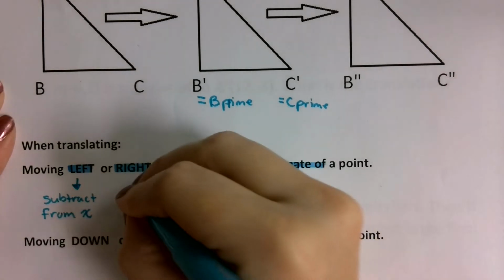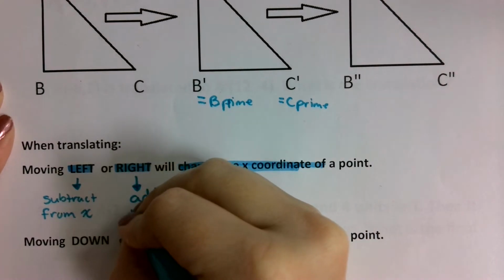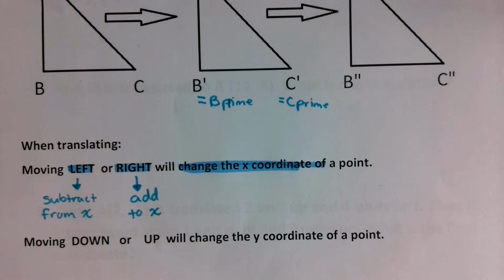And when we move to the right, we add to the x value. So if I say I'm starting at point (3, 9) and I'm going to move to the right 7 spots, then 3 would be my x value, and I would add 7 to it because I'm moving to the right. If I said I'm moving to the left, I would subtract 7 away from the 3.